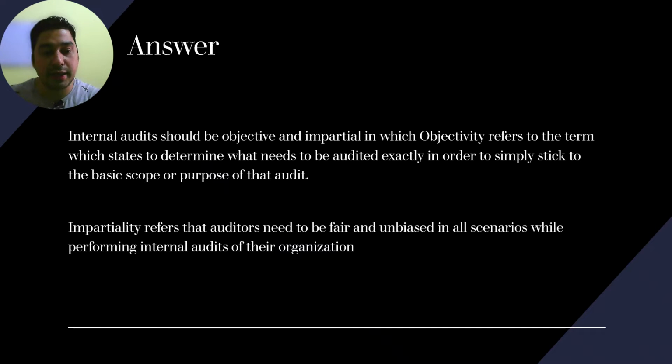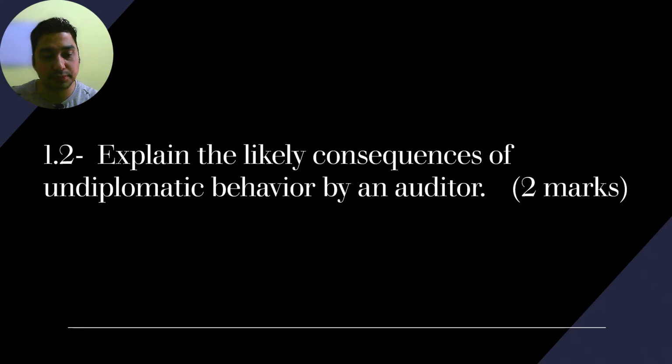That's called partiality. So this is the way we have to answer the first question 1.1. So this is the difference between impartiality and objectivity. I hope you understood, and in this way we have to answer.